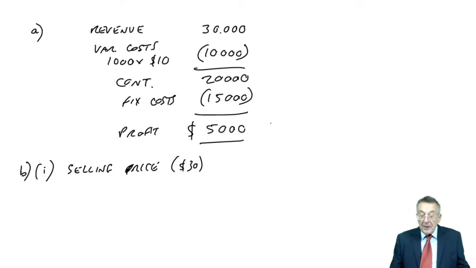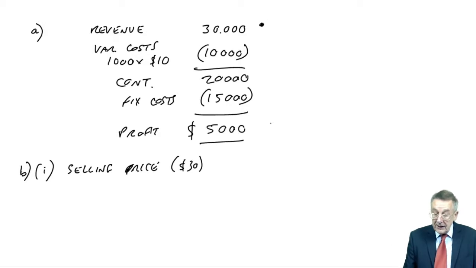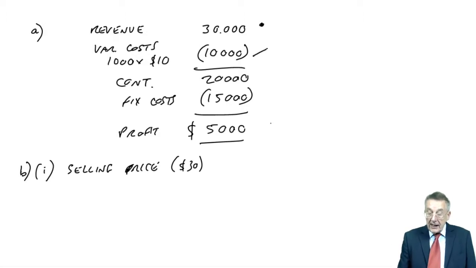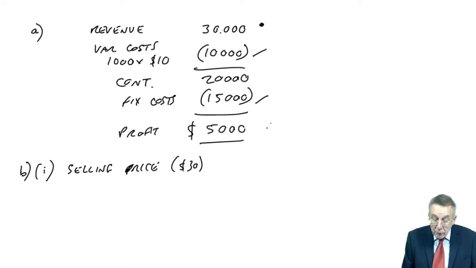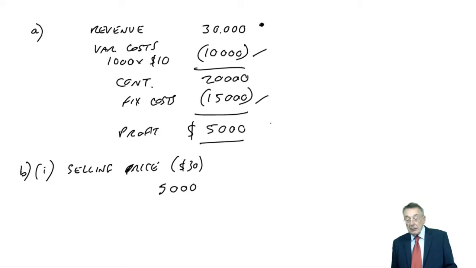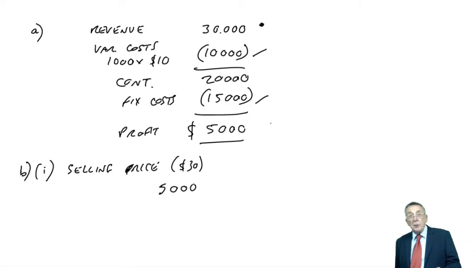We say, what percentage change in that revenue would result in a profit of 0? Well, think about it. If the variable costs stay at 10,000 and fixed costs stay at 15,000, for the profit to fall by 5,000, the revenue would have to fall by 5,000. If revenue falls by 5 to 25, the profit ends up being 0. So we can afford the revenue to fall by up to 5,000.